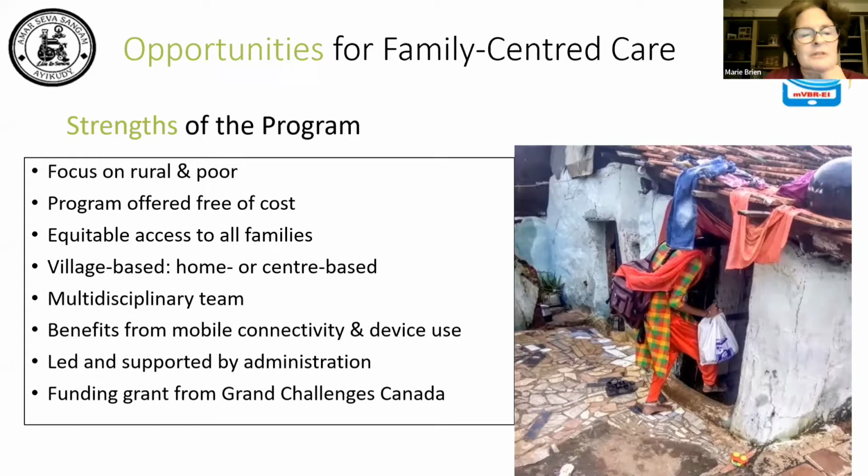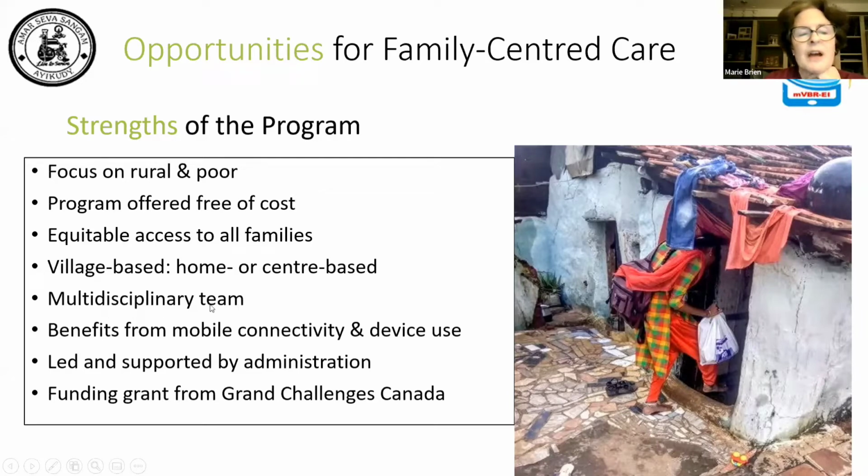We were going to focus on rural and the poor. We were also going to provide a program free of cost, which we are doing presently. We were going to provide equitable access to all families. And the program is village-based, either home or center-based, because we do have a few centers in different villages.